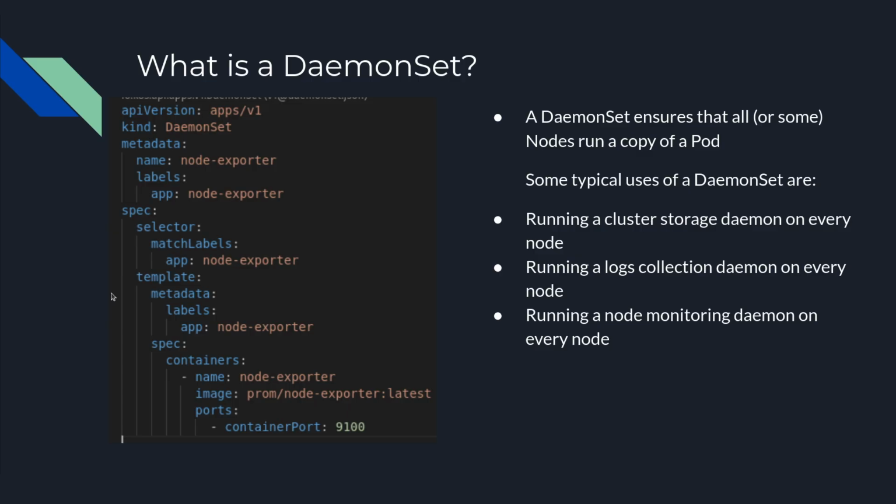A good example are metrics exporters for your monitoring stack, or whatever storage solution you have running for your cluster. A node needs to be able to know how to interact with your storage. It also needs to know how the networking goes into your cluster.